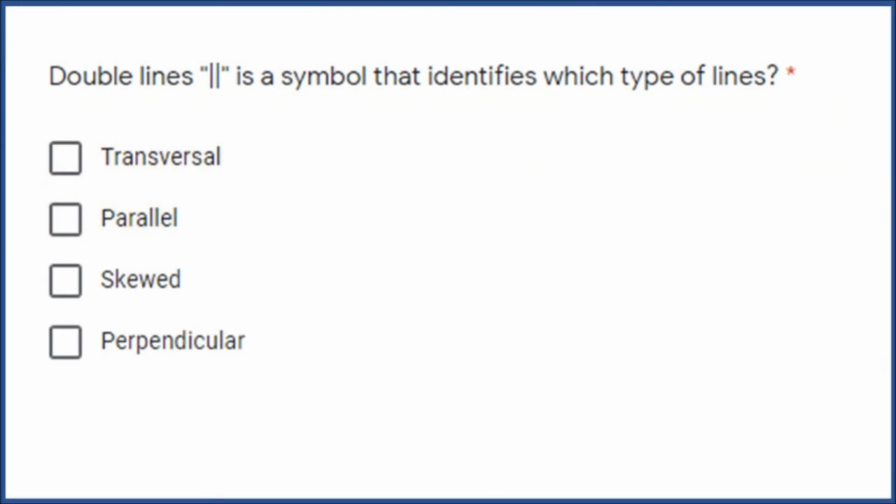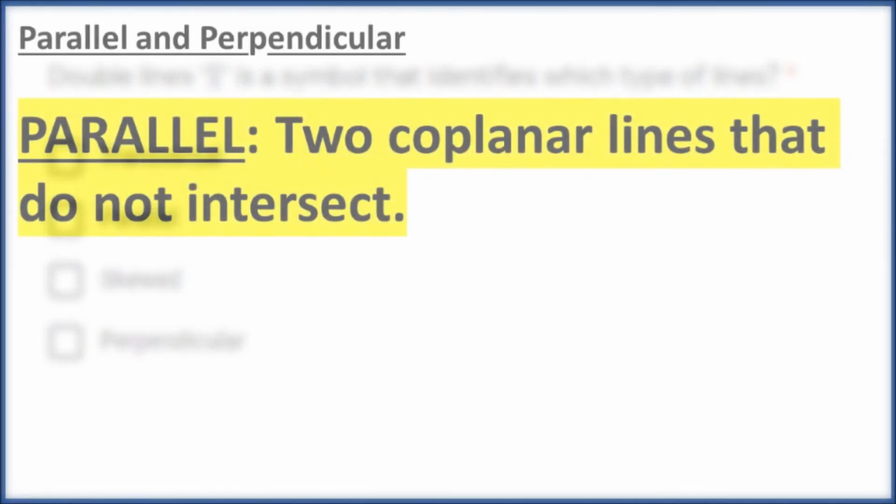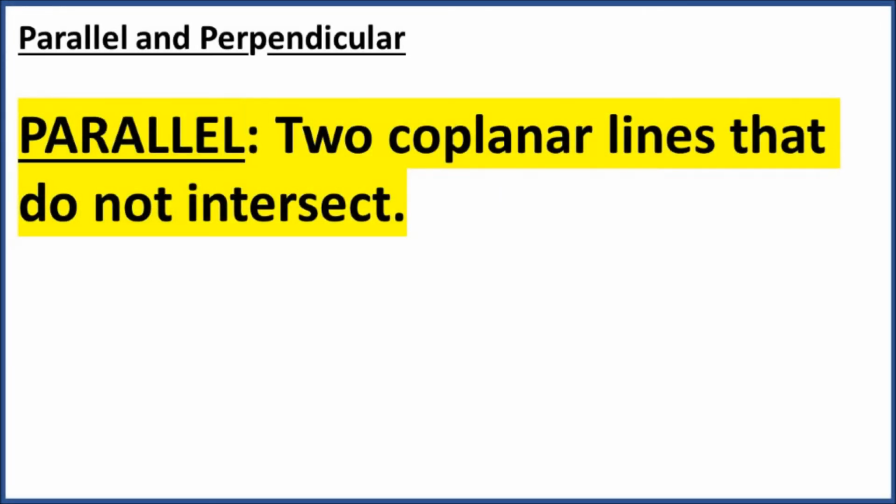Double lines, here's the symbol here, that identifies what type of lines? Transversal, parallel, skew, or perpendicular? The answer is parallel. This symbol shows two coplanar lines that do not intersect.